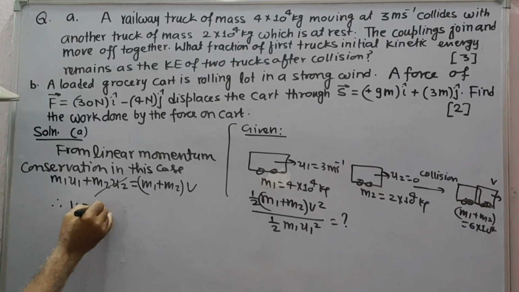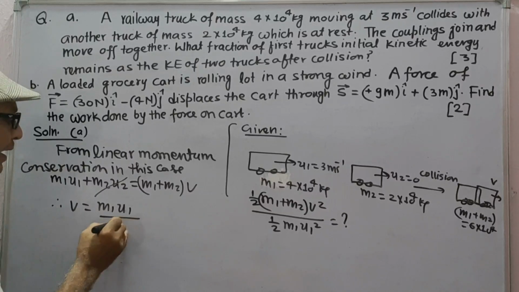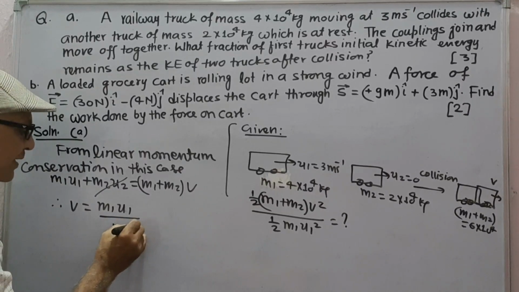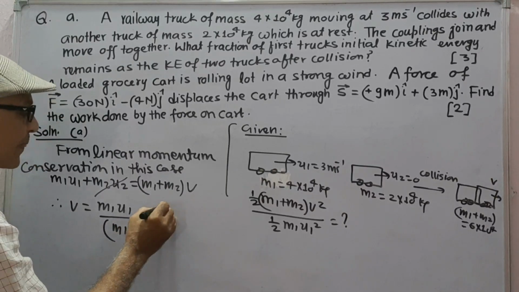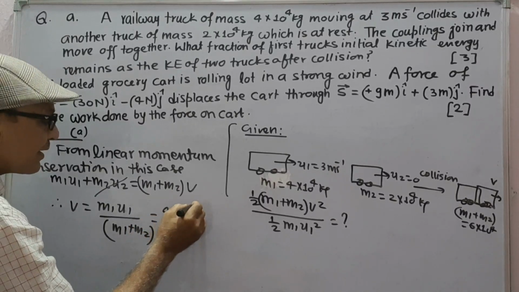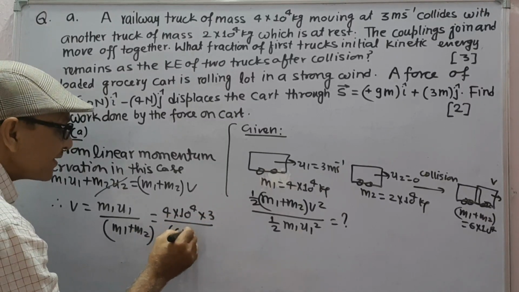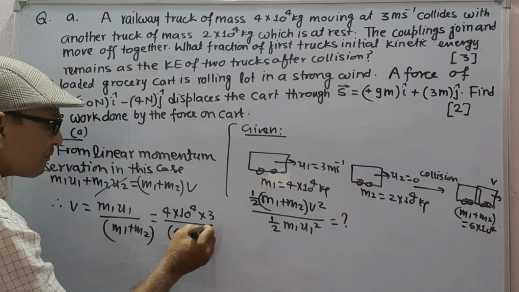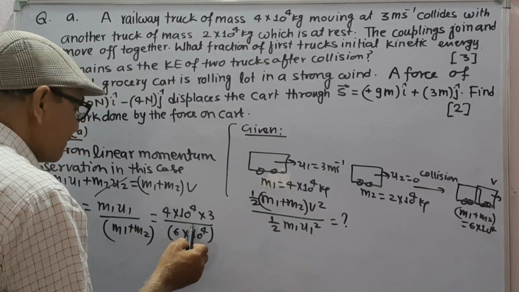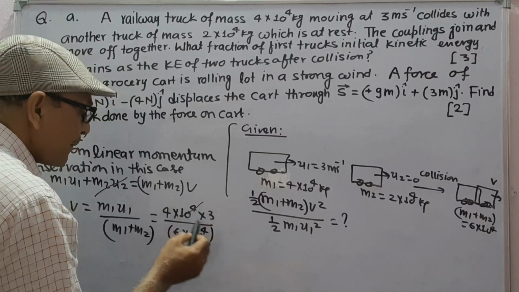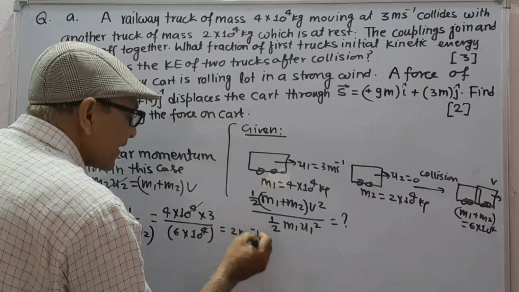Therefore v will be equal to m1 u1 upon (m1 plus m2), which gives 4 × 10^4 × 3 upon 6 × 10^4. Upon 6 means 2 meter per second.